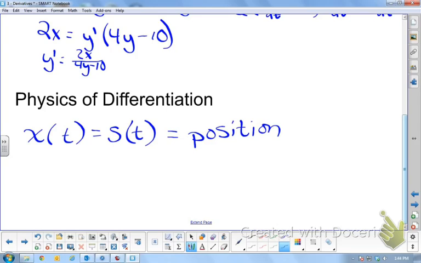Now when we say position, it doesn't have to be an actual physical position. It doesn't have to be 10 meters from the wall or 15 meters from the water. Position can talk about any word problem where you've collected data and it's not a rate of change, it's just how many barrels do you have or how many people do you have.